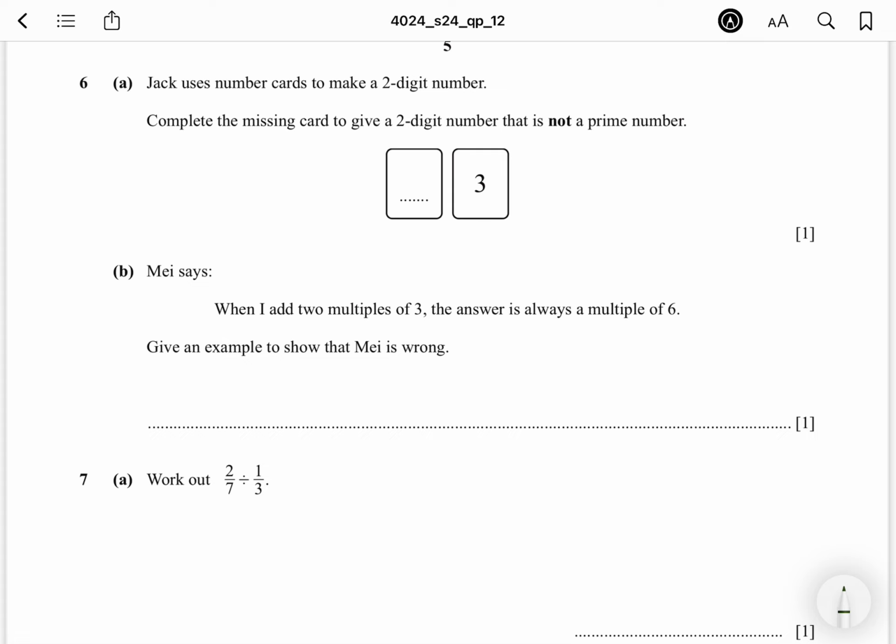Bukan dia tanya prime. 13 is a prime. 53 is a prime. 73 is a prime. 83 is a prime. So those numbers cannot. 23 is a prime. 63?